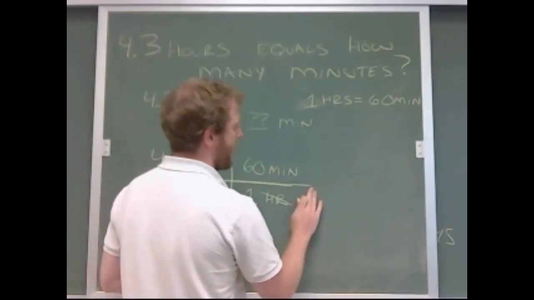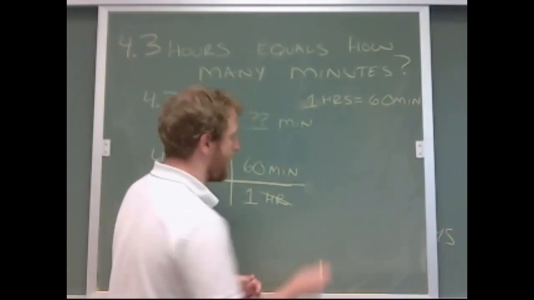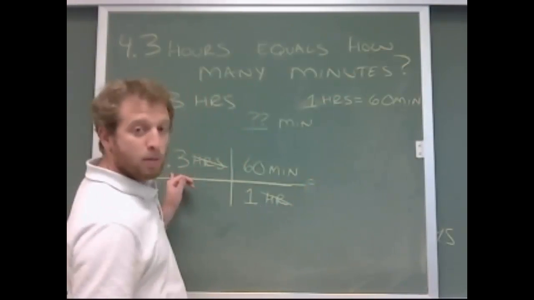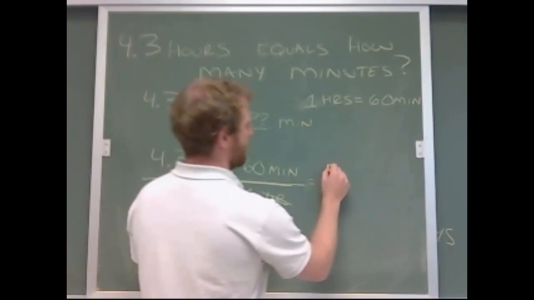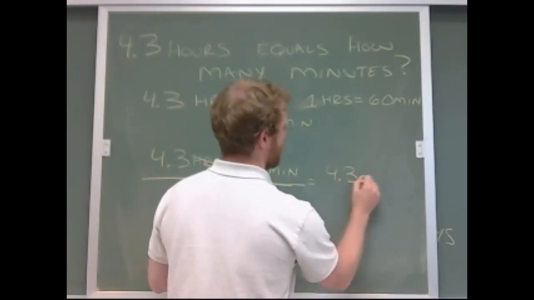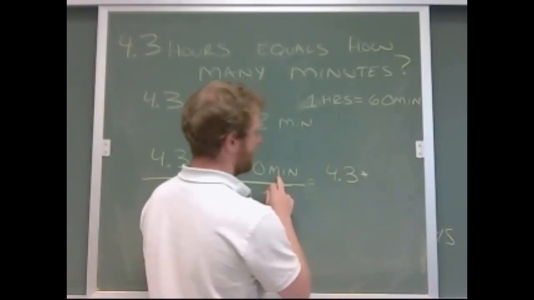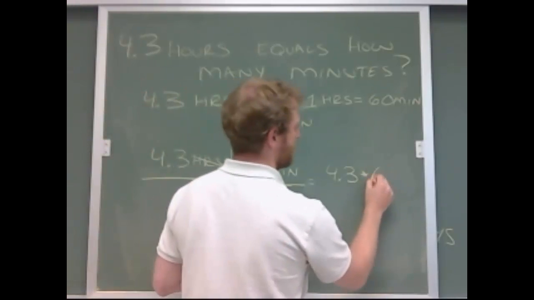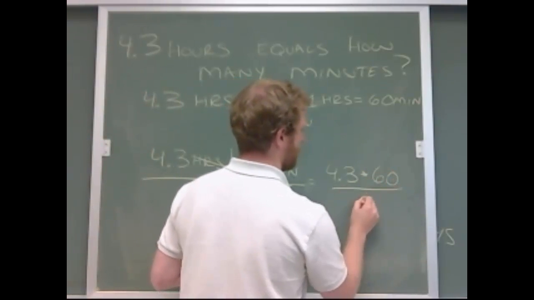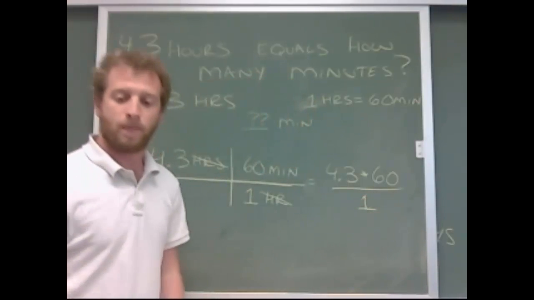So if I do my math here, step 3, do the math, I'm going to multiply the top and divide the bottom. So it's 4.3 times 60 divided by 1.